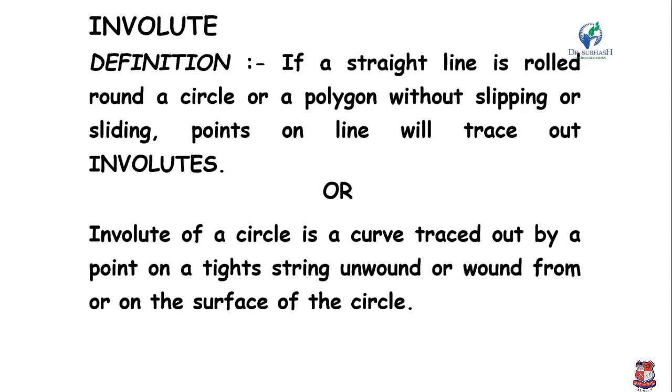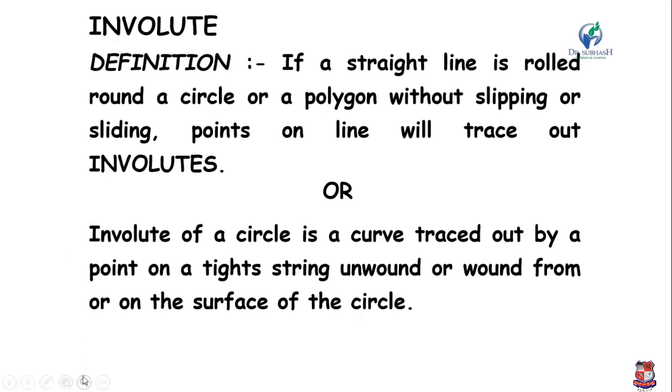That means if any straight line is rolling over any circle or any polygon, it may be a square, pentagon, hexagon, without slipping on that polygon, then the path of any point on this straight line will be an involute.